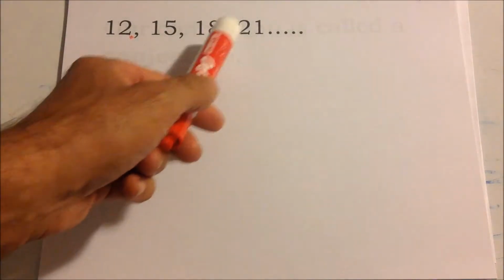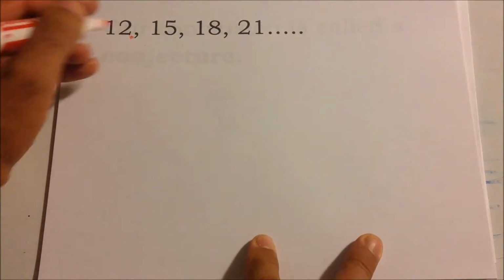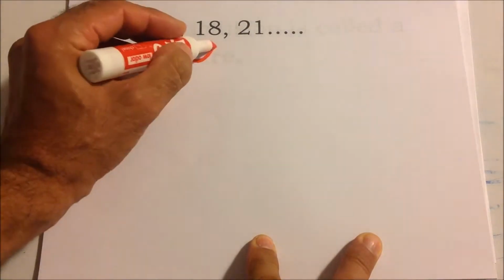So let's look at this pattern here. We have 12, 15, 18, 21. Maybe we can see what the pattern is. What is the rule that can help us find the next number? Well, if we look at this, we can see that there's a difference of 3 between each number.